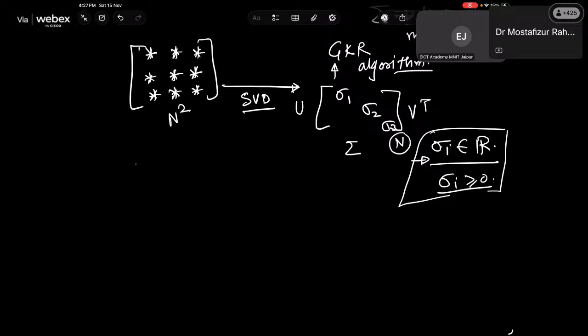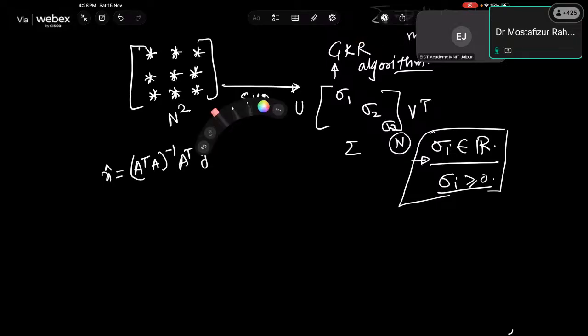So basically, earlier we were doing this x hat calculation, the matrix inversion thing. That was A transpose A whole inverse A transpose Y, right? And now you put everywhere this thing instead of this A transpose.